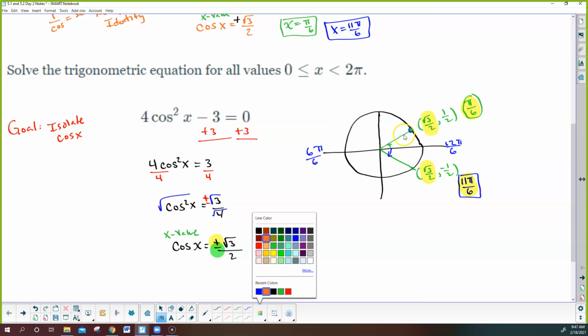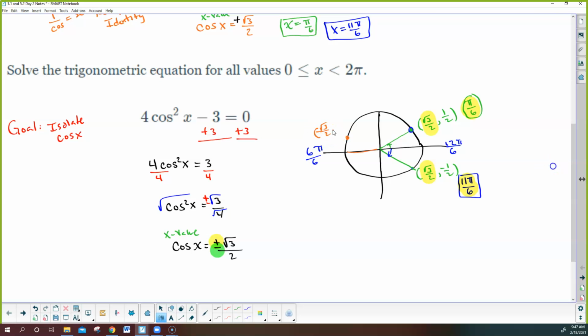So if I go over square root 3, negative square root 3 over 2, and then up, that puts me right here at negative square root 3 over 2, comma 1/2. And all that is a pi over 6 less than 6 pi over 6. So that'll be a 5 pi over 6.